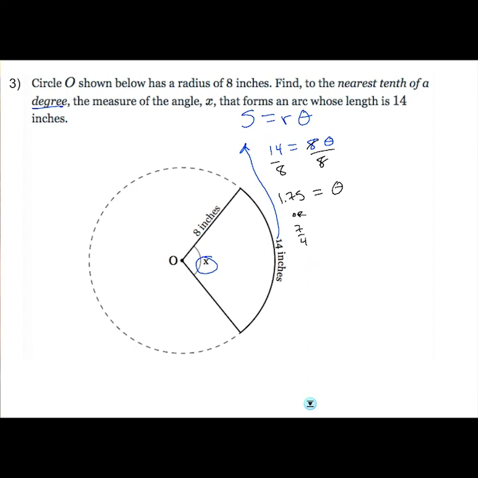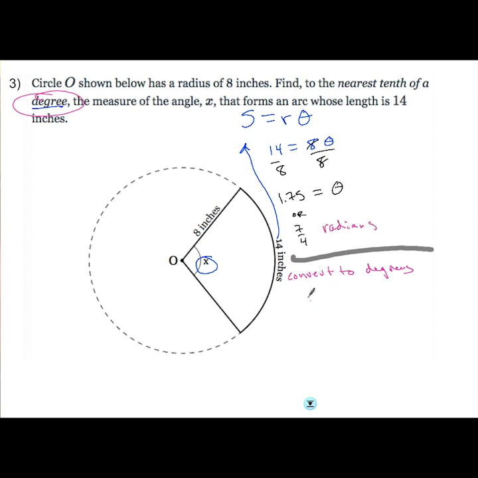Now my next step here is I'm going to need to convert this to degrees, because it wants it in a degree measurement, and this is in radians. Theta is always in radians.